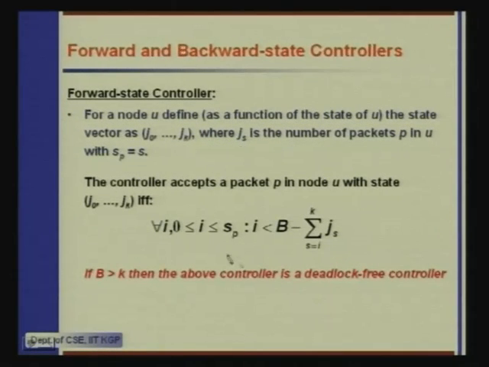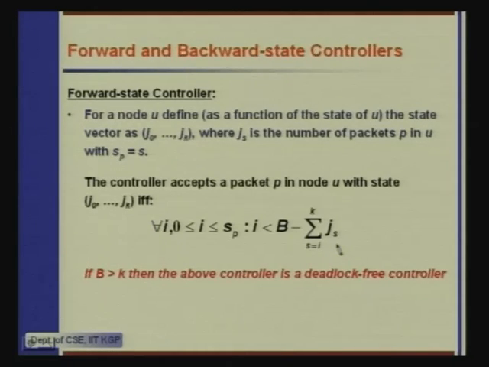The forward state controller has all this additional information. Now, this is going to be useful only if we can show that whenever the forward count controller accepts a packet, the forward state controller will also accept a packet, and in addition there are cases where the forward state controller will accept a packet, but the forward count controller won't.